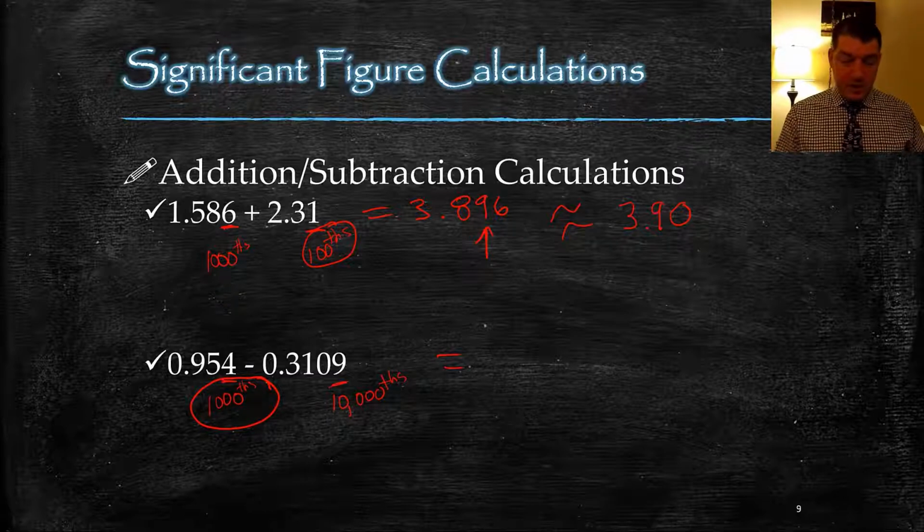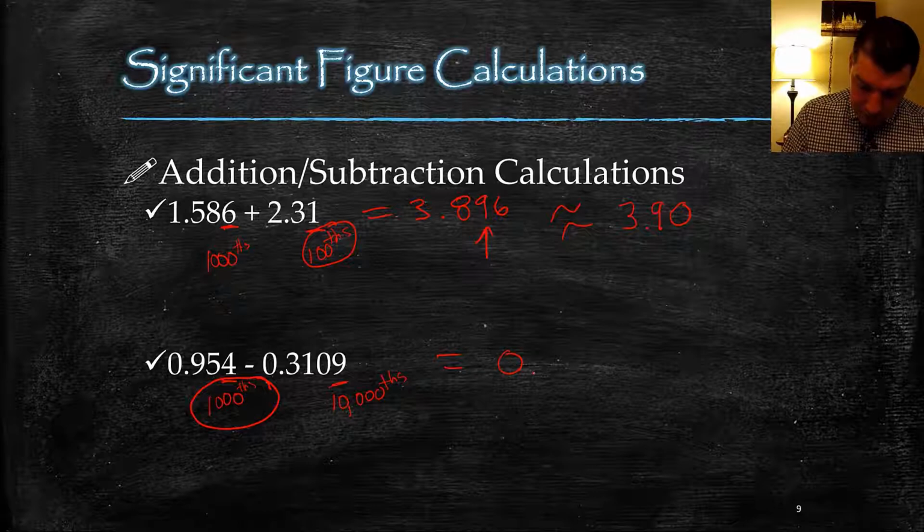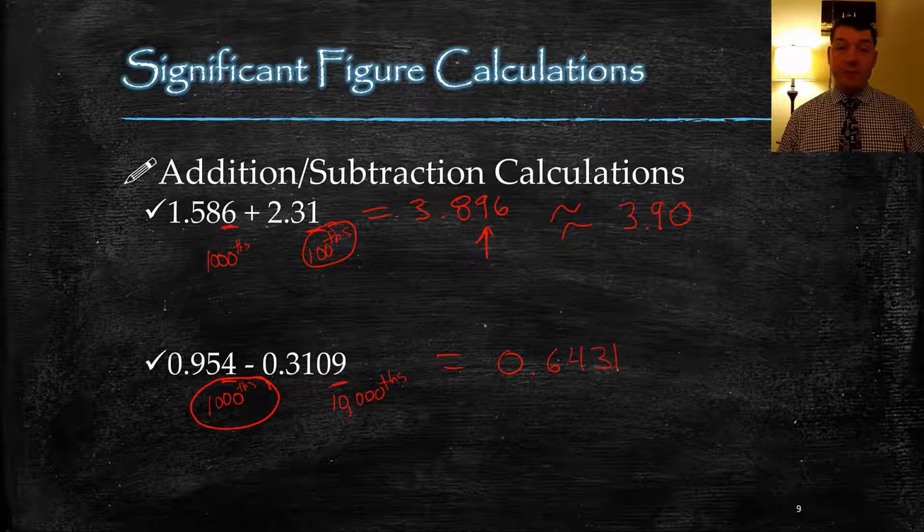First we compute the answer. 0.6431. That's the complete answer, and then we go to the tenths, hundredths, thousandths. So we round it to 3. After the 3 is a 1, 1's less than 5, so we round down. So this will be 0.643. It's not about the number of significant figures, it's about the place value of the significant figures.